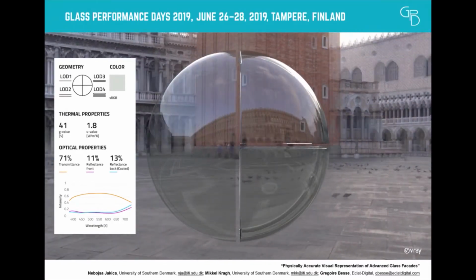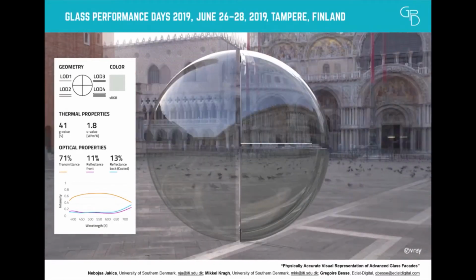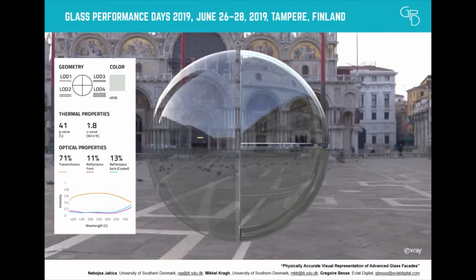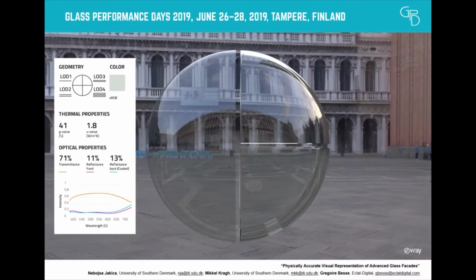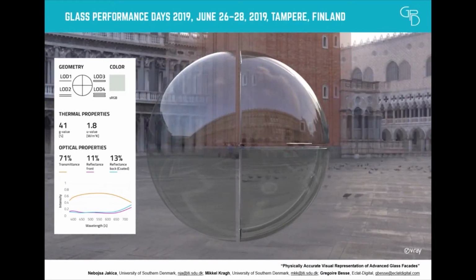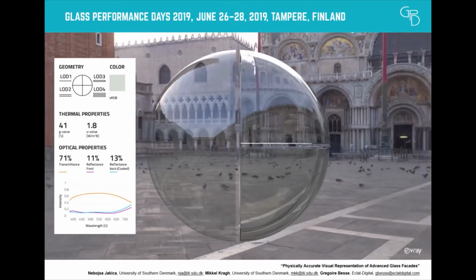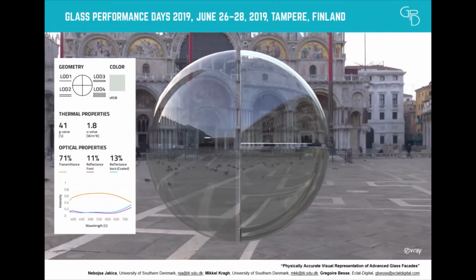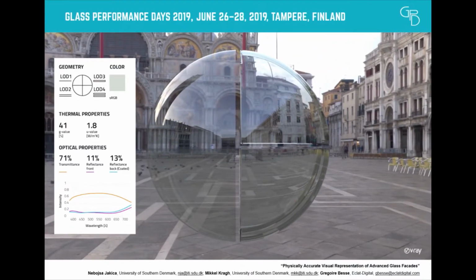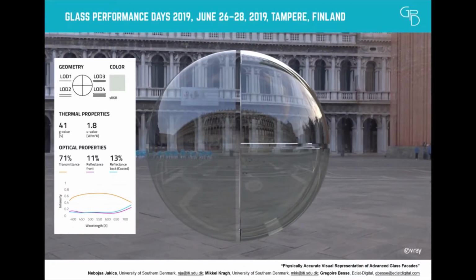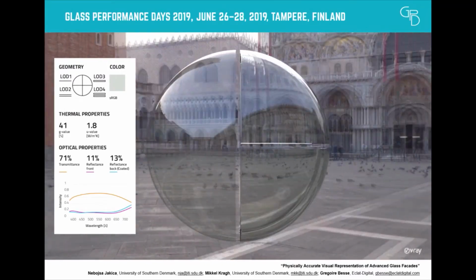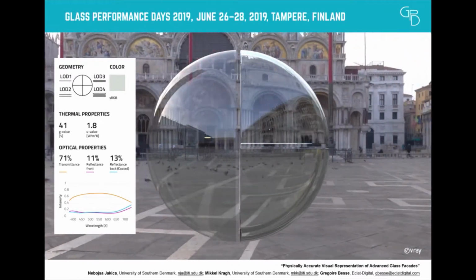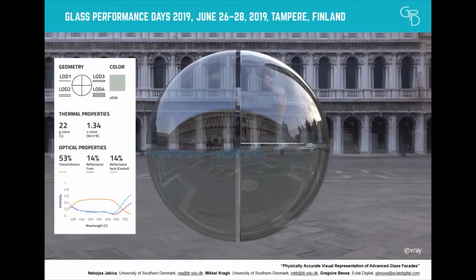So this is done by a commercial renderer that is most common in the architectural industry. So we expect that this kind of workflow will enable greater adoption, while specific aspects that cannot be simulated via the RGB workflow should be sought in spectral simulation workflows.